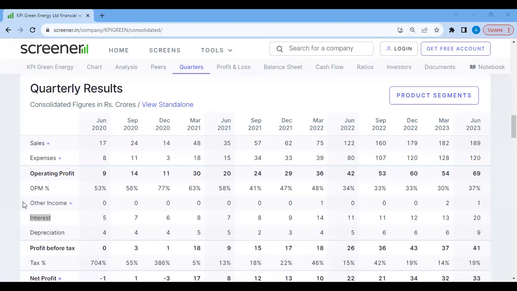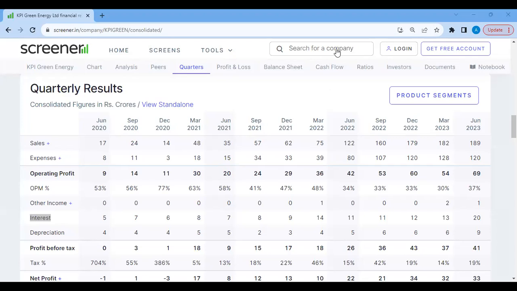Now you will see an other income component as well. In addition to our salary, we also can make money from the stock market, right? We can also lend to other people and make money. We can also sell our second-hand assets and make money. So apart from our core business or core salary or core job, we can also make money from other avenues. There are people who actually moonlight also and make money, right?